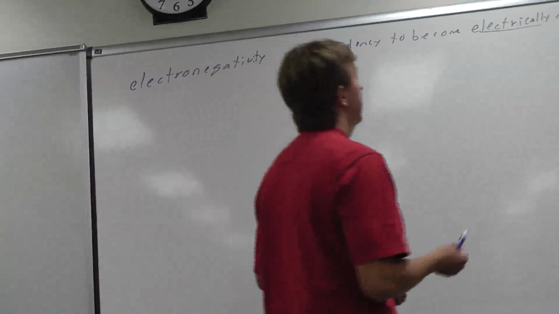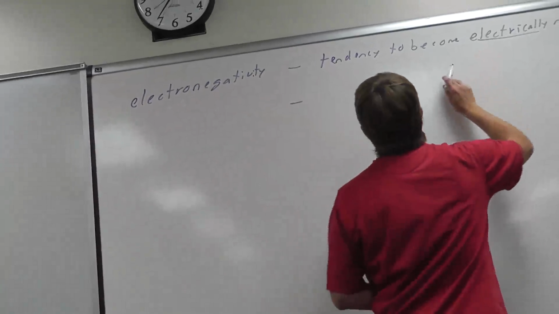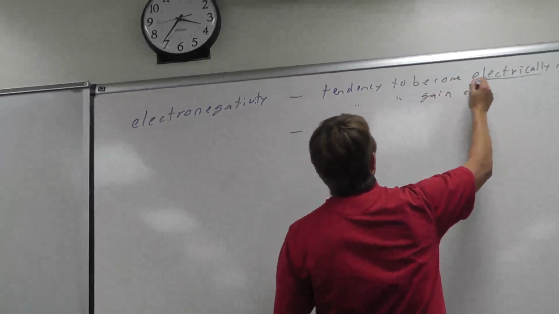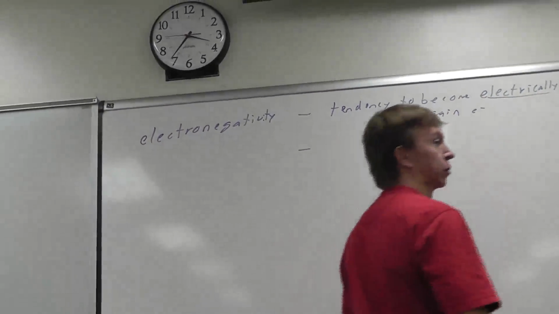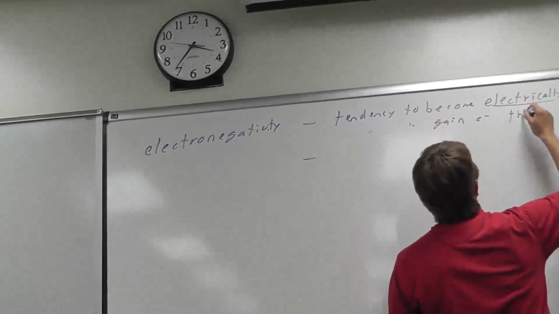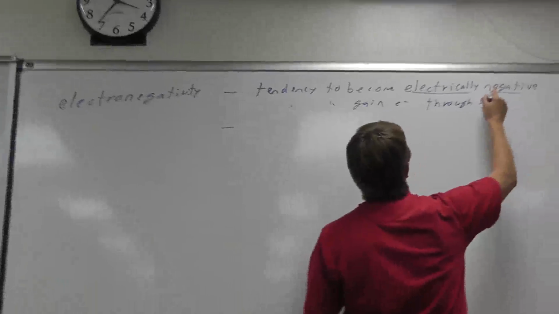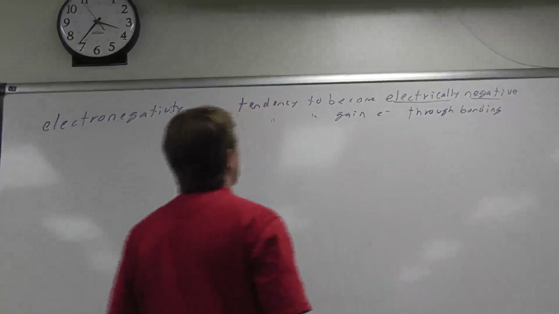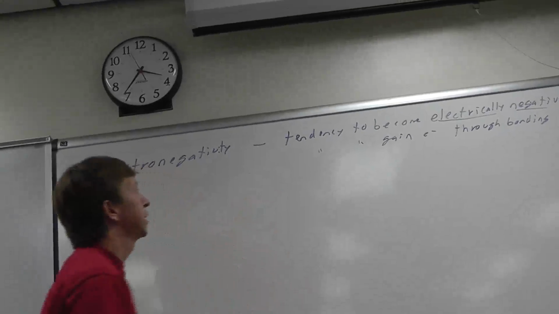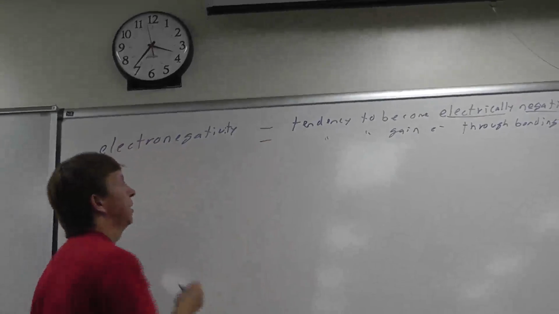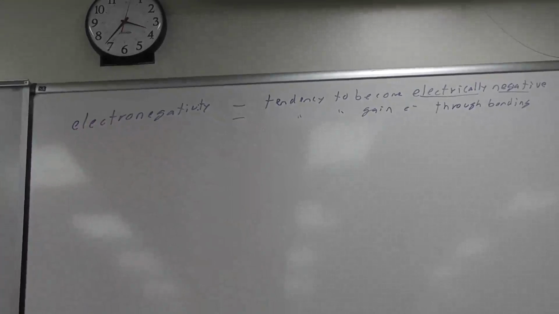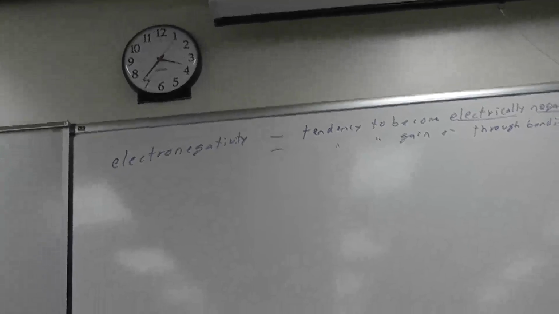And the way you become electrically negative is by gaining electrons. Tendency to become electrically negative, tendency to gain electrons through bonding. Through bonding meaning in direct competition with another element.